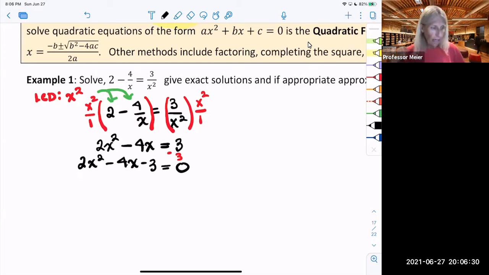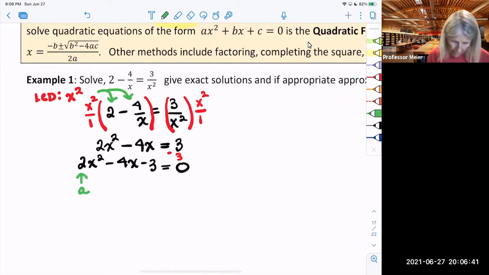I'm going to use the quadratic formula here because I'll save you a little bit of time and tell you that this does not factor. So we're going to use our quadratic formula. To use it, we identify the a, the b, and the c that we're going to plug into the formula, which is up here.